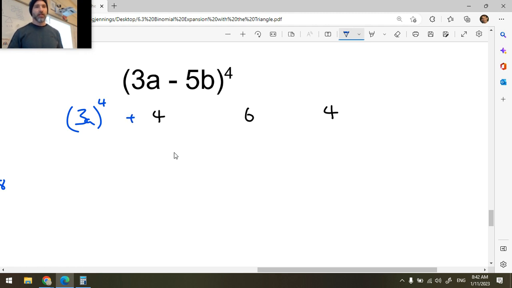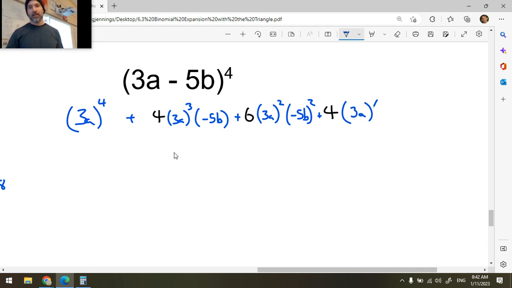And then we're going to have plus 4 times 3a to the 3 multiplied by negative 5b plus 6 times 3a squared times negative 5b squared plus 4 times 3a times negative 5b cubed plus negative 5b to the 4.